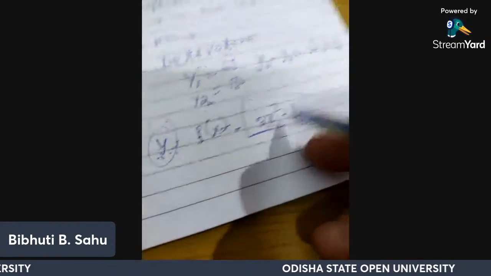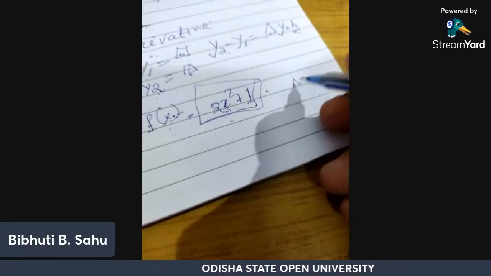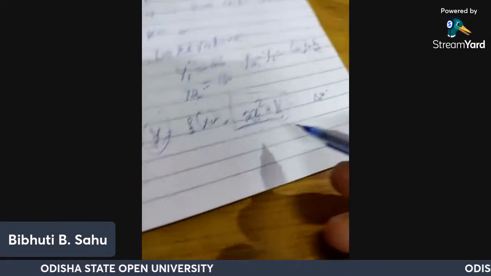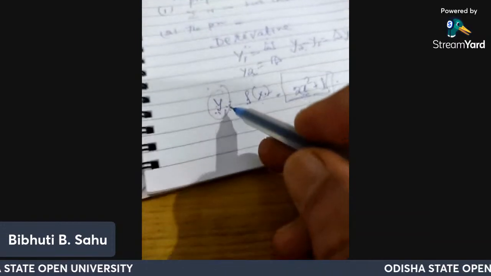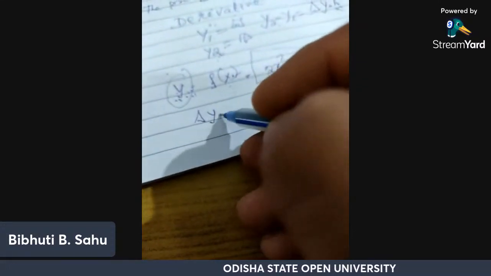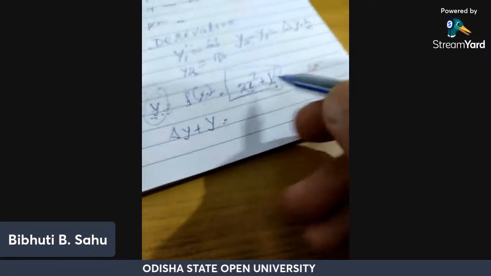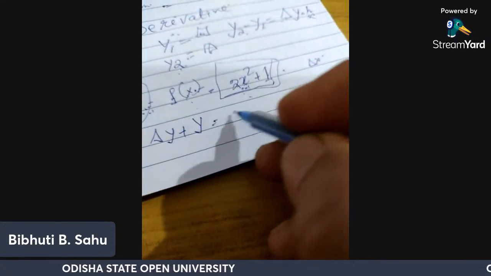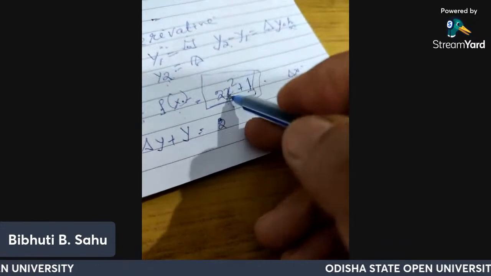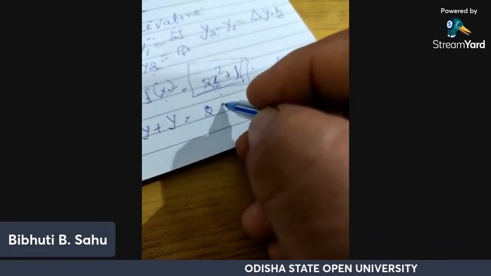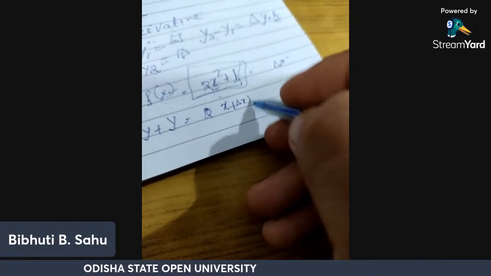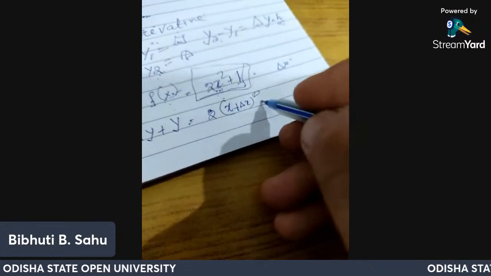So if x changes by a certain quantity like delta x, then y will change by delta y. So y plus delta y is equal to 2, as this is a function of x squared, so we can write it as 2 times (x plus delta x) squared plus 1.